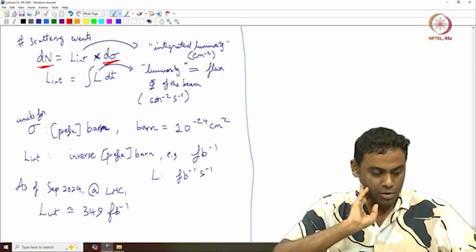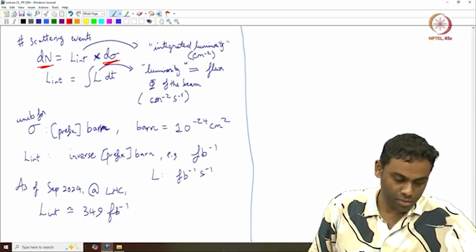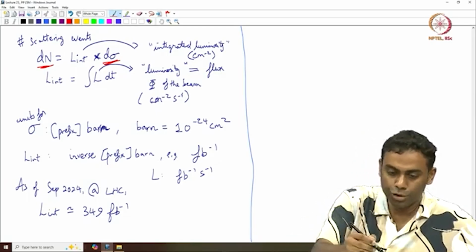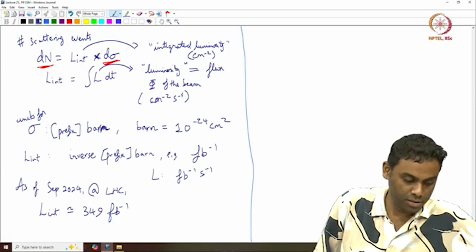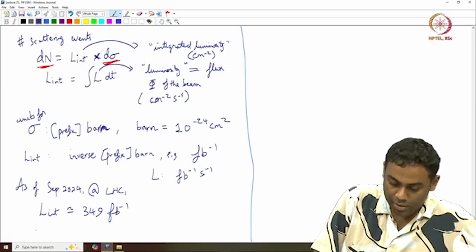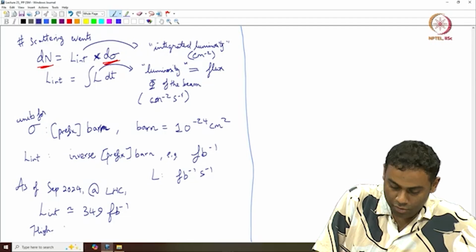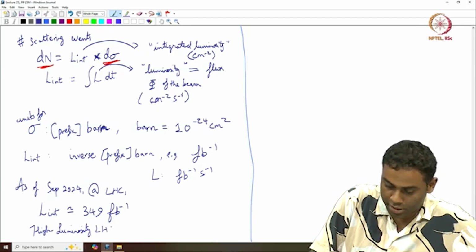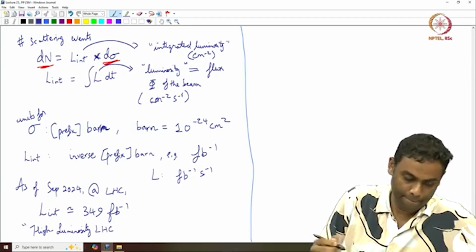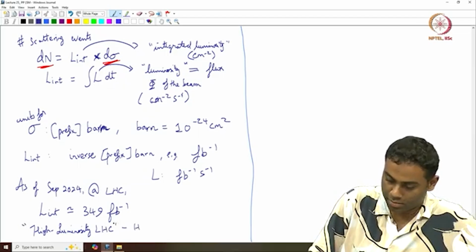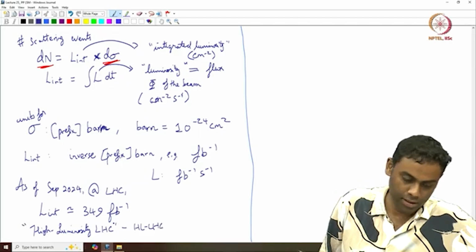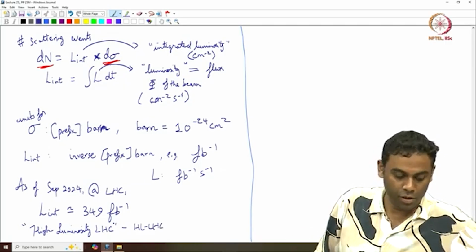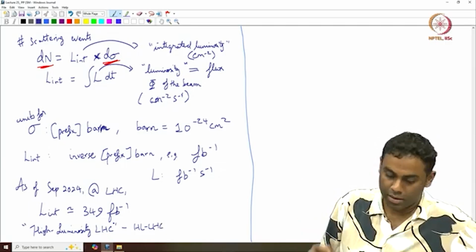Okay, and to give you some idea, in the not so far future, people are thinking of putting in another collider called the high luminosity LHC. Okay, it's sometimes called HL-LHC. Why is that? They're not going to change the energy of the beam.